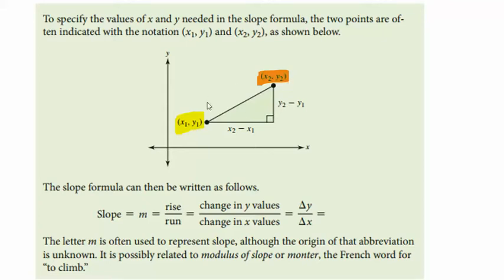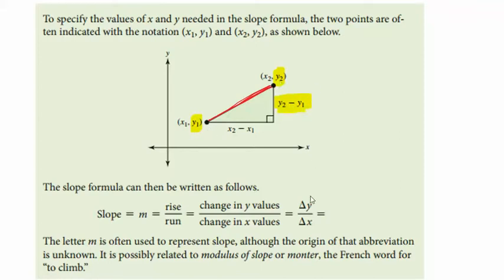So if we want to find the slope of this line, we need to find the rise over the run. The rise is this distance right here. Now how do we find that? In order to find that rise, we're going to take this y value and this y value, and see how much taller one is than the other.